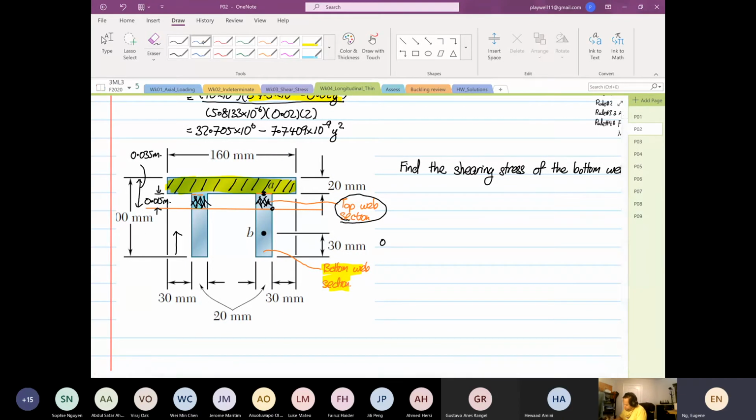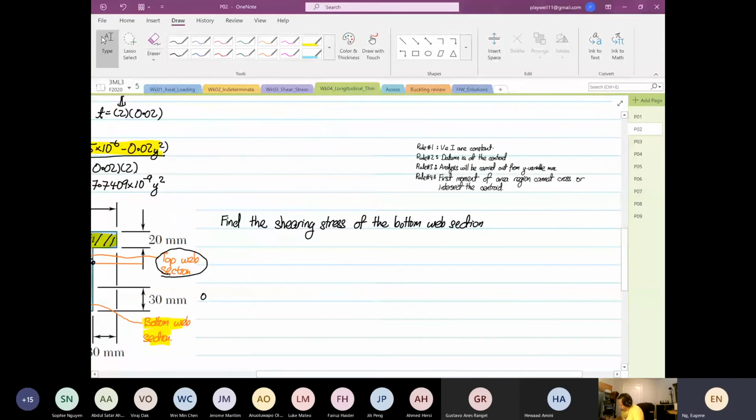Why is that the analysis direction? Because we apply rule number 3, which states the analysis will be carried out from the y variable that is going to be the maximum.